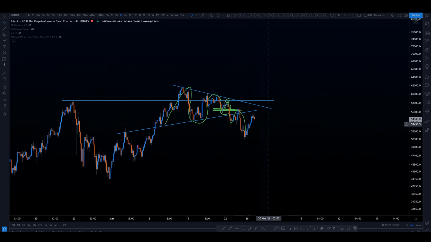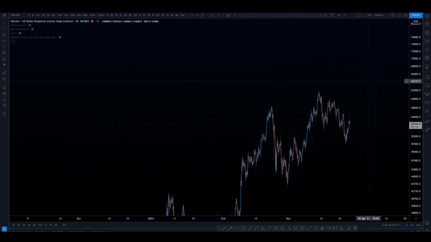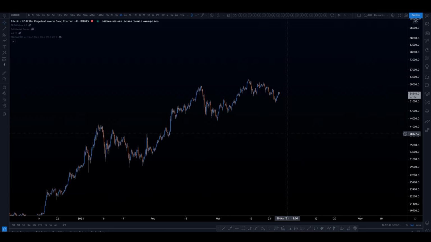Although this break was not very strong, but yeah, you can see failed breakouts in advance. This is very important. I will talk about failed breakouts later. Let's just stick to this for now. Okay.